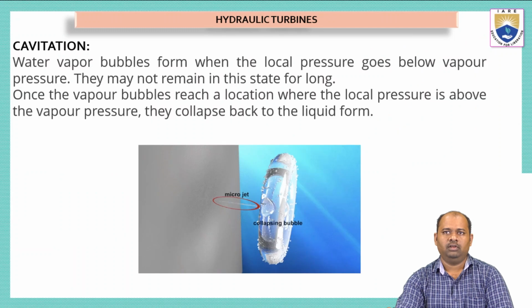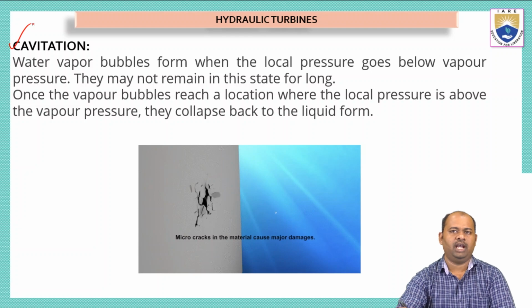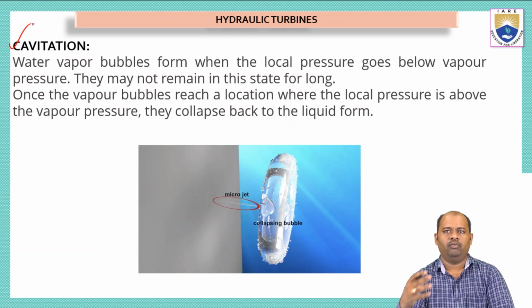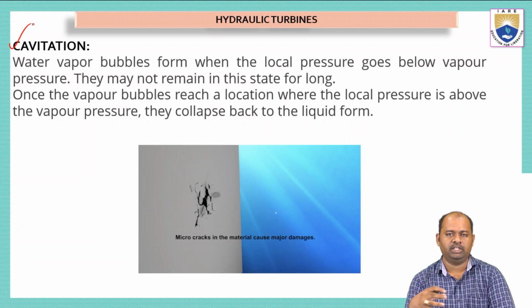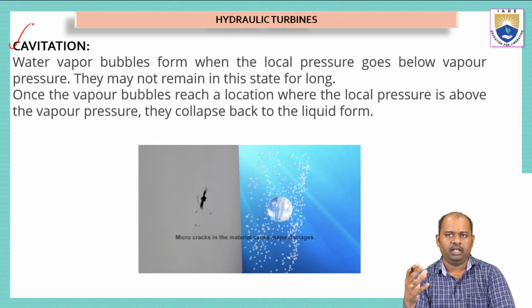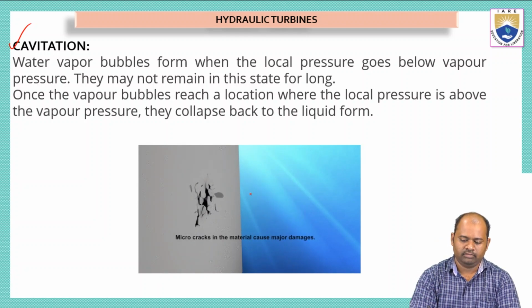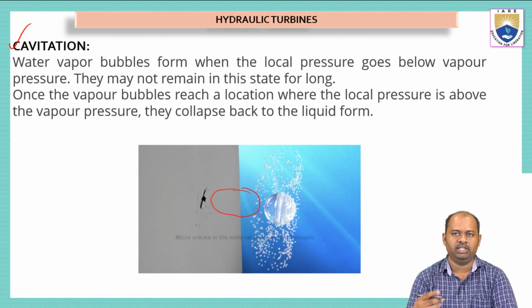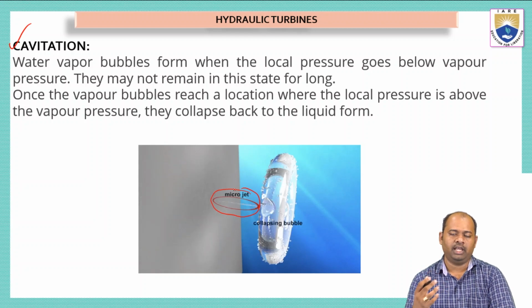Now, let us see what is cavitation. Cavitation is nothing but the formation of bubbles inside a turbine when it is working. These bubbles are rapidly formed and they rapidly collapse, forming a jet. Here we can see microjet formation. This microjet is the reason for the cavitation.